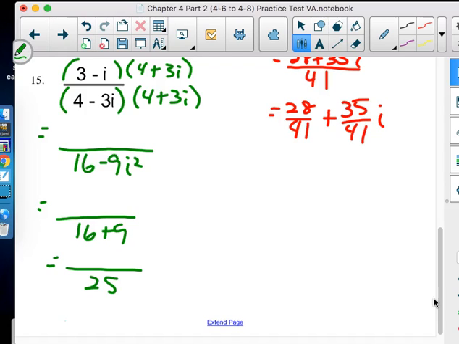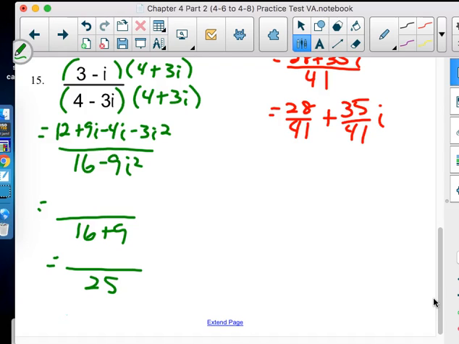Now, carefully do your FOIL on the top. And then we'll check and make sure everybody has the same thing. So I have 12 plus 9i minus 4i minus 3i squared.